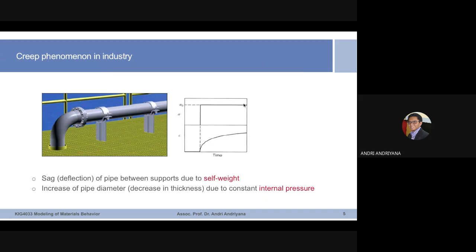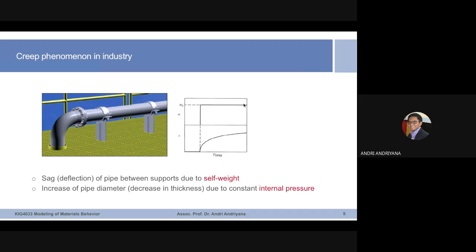Another typical example is when this pipe is used to transfer, for instance, fluid or gas, and the gas has internal pressure. You have learned in mechanics of materials that whenever a pipe or cylinder is subjected to internal pressure, it will generate stresses: radial stress, hoop stress, and longitudinal stress.